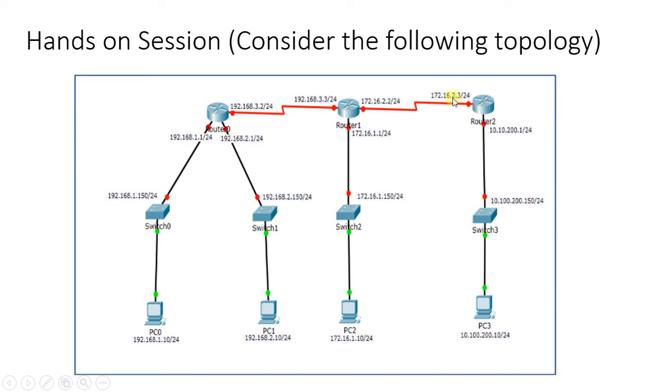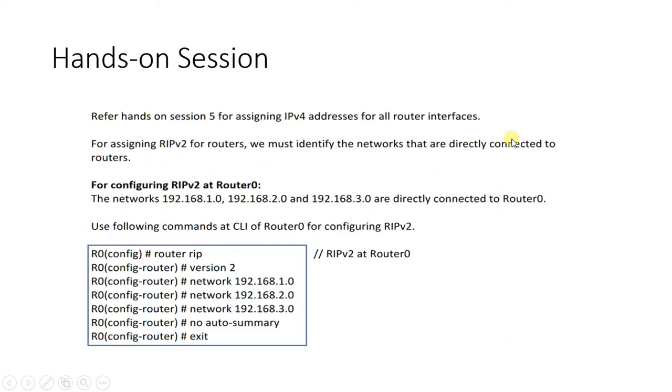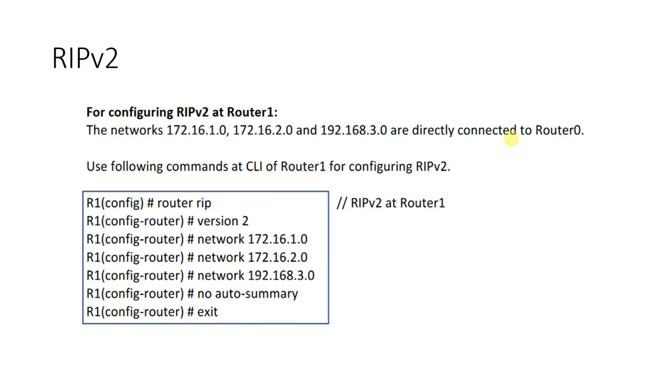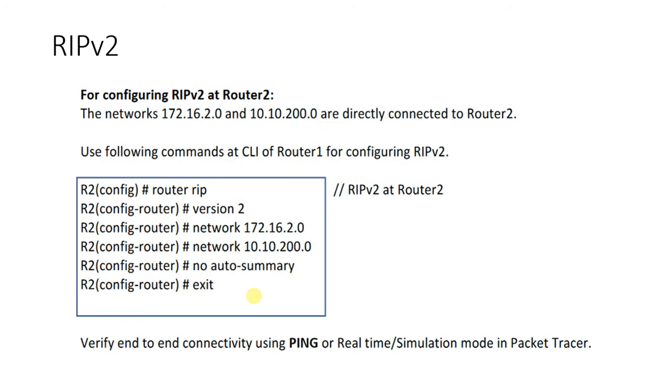Similarly, at router 2, 172.16.2.0 is directly connected, and 10.100.200.0 is directly connected. So whichever are the directly connected networks, we will find those out, and we will enable the RIP algorithm on the router, and then version 2, and then we will advertise all the networks which are directly connected, and then we will say no auto summary to include the classless addressing scheme, as well as disabling the auto summarization.